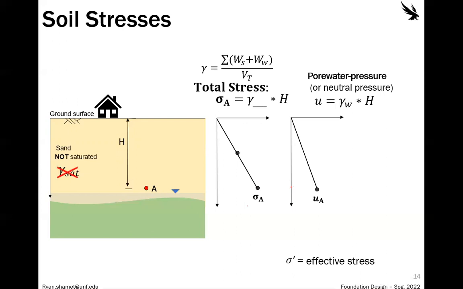We're going to be using just the moist unit weight, because most likely there's going to be air now in our sample. If we're changing this value, then our total stress is going to be different, because now we're removing the water.